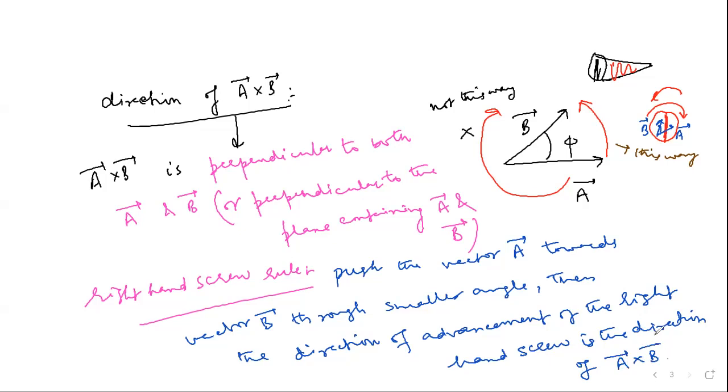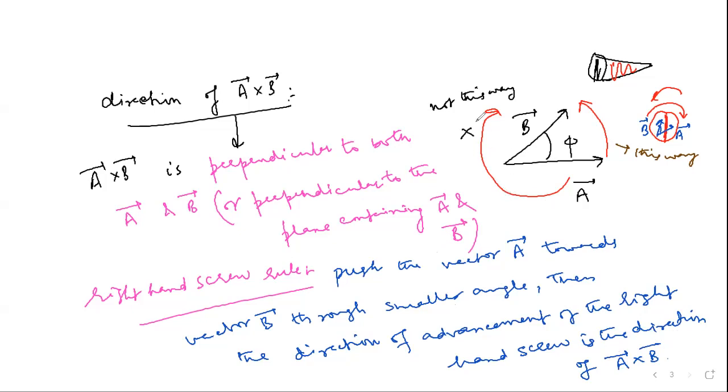So A cross B vector is perpendicular to A and B both. And how to get its direction? Push the first vector towards the second vector through the smaller angle. Then the direction of advancement of the right hand screw is the direction of A cross B. Here, when I push A towards B through the smaller angle, this right hand screw will come out of the board.